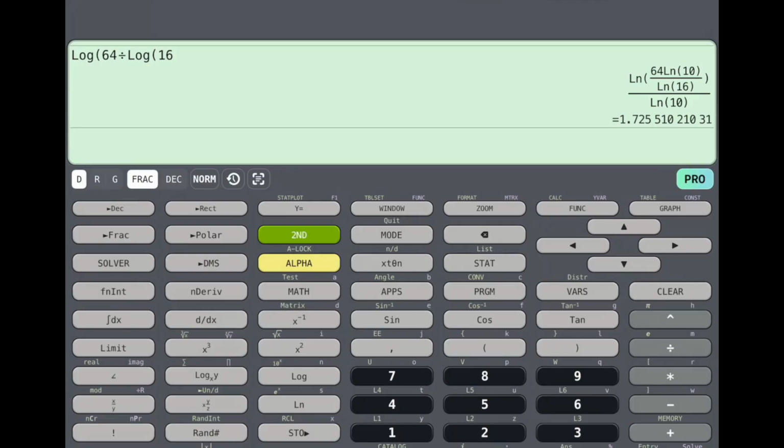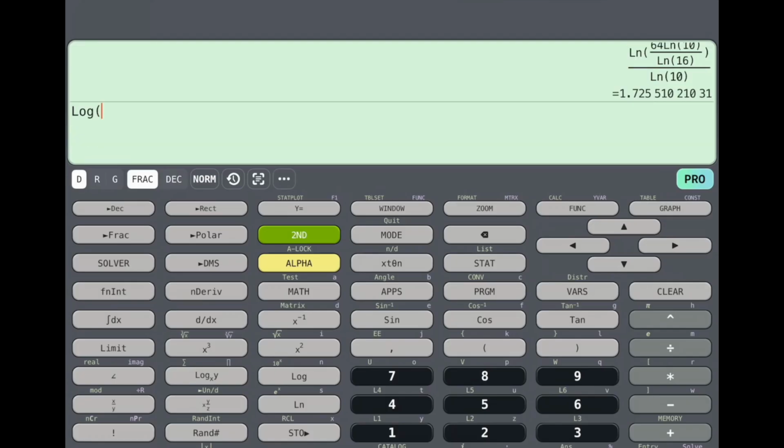My calculator thinks I'm dividing 64 by another logarithm rather than dividing two separate logarithms, because I never told my calculator I was done typing in what I was taking the logarithm of. Because when you type in log in your calculator, it's saying, oh, what are you taking the log of? And you have to put that in your parentheses. So that is why the 64 needs to go in the parentheses, and the parentheses need to end before dividing.